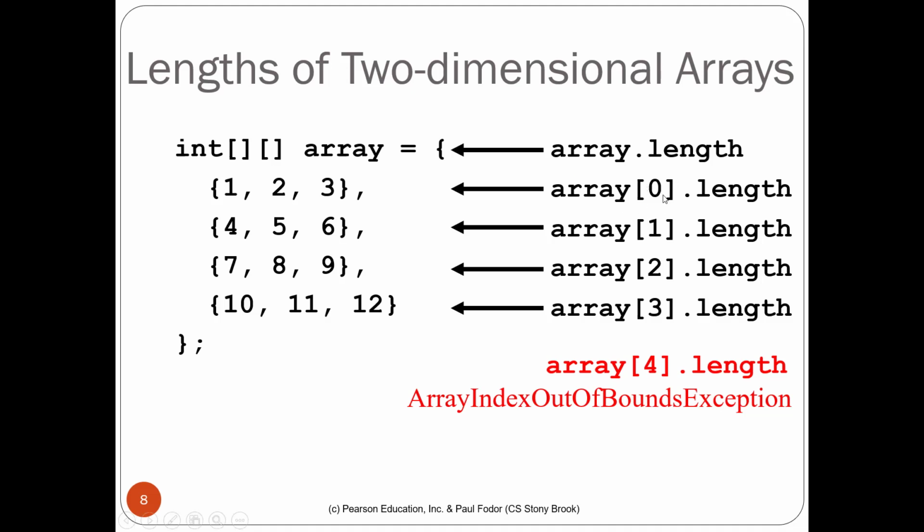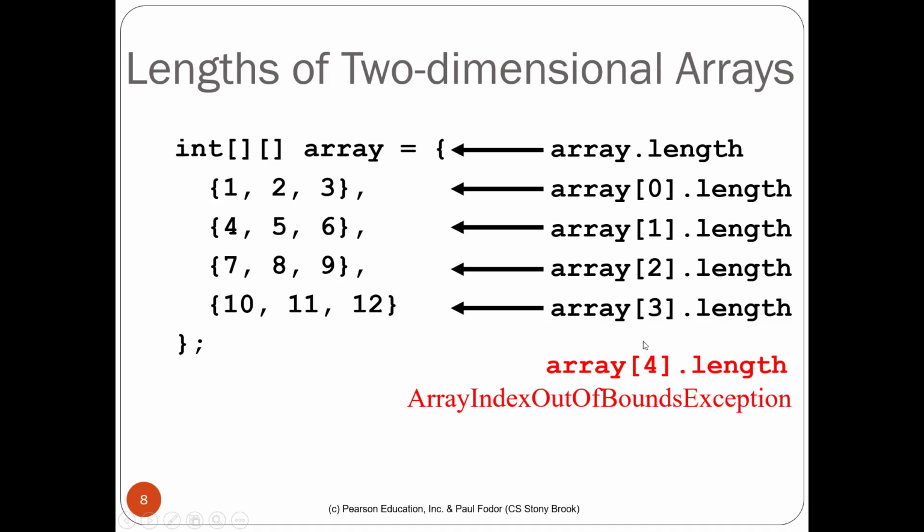Then later on, you started putting some index value in the square brackets, and you were able to find out the corresponding number of columns in each row. But what went wrong here when you said array[4].length? Well, you got an exception because the number of rows that we have here is 4, and the index starts from 0, 1, 2, 3. So these are the only 4 indices which are allowed for the rows.